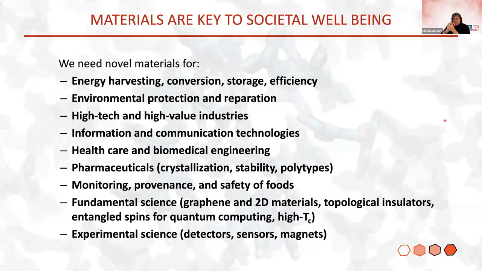And novel materials is what our society desperately needs. It's so easy these days to tell you how critical the availability of energy is to the well-being of 8 billion people. You need a lot of energy just to produce the food that feeds 8 billion people.